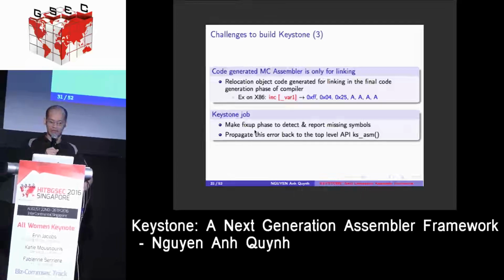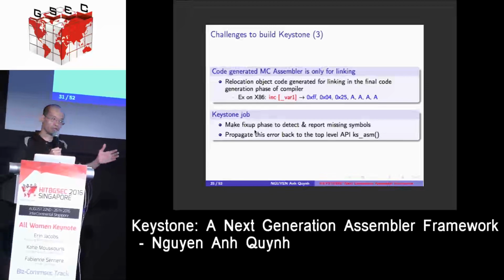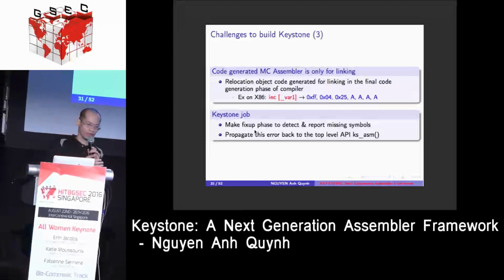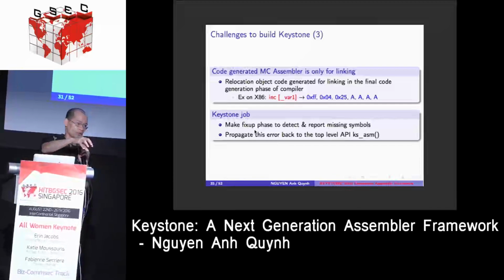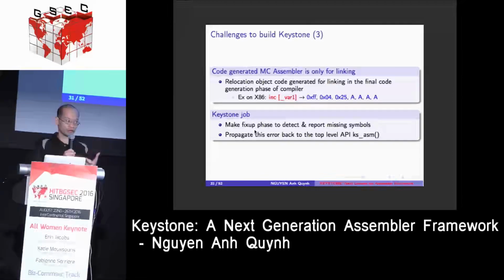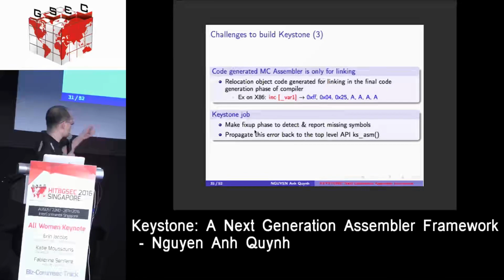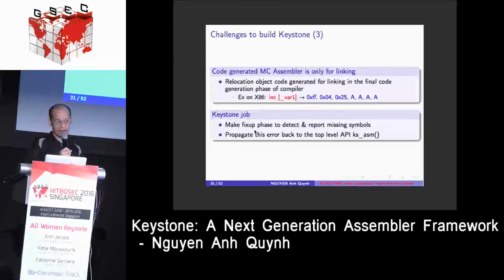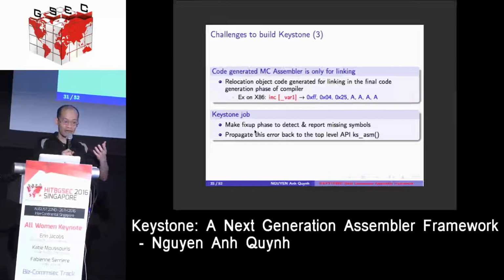The next issue is that assembler is not a final stage in the toolchain of a compiler. So usually you compile code using the assembler, and after that the output object will be sent to the linker, right? So the assembler doesn't know that if you do not declare some symbol, that symbol is missing. For example, if you compile that Intel instruction there, but you do not declare var1, the assembler in LLVM doesn't know that.